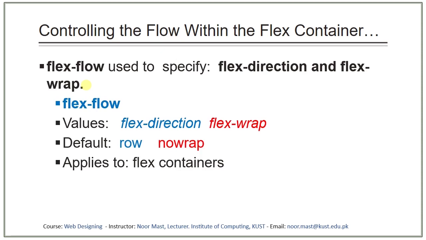When you are defining a FlexFlow property, first specify the Flex Direction property and then the FlexWrap property. The default values for the FlexFlow property are row and nowrap, and this property applies to a Flex container.